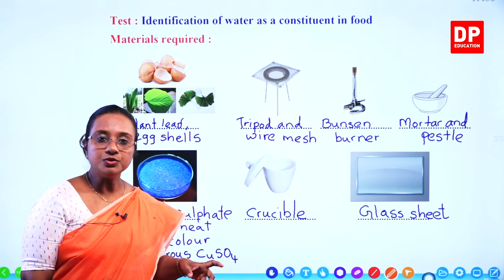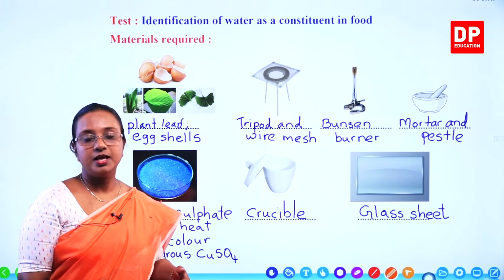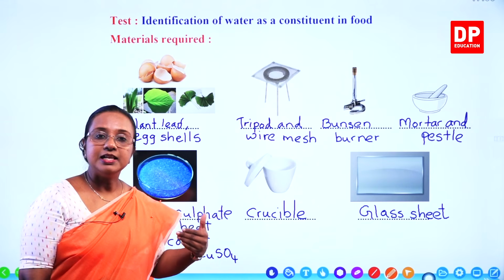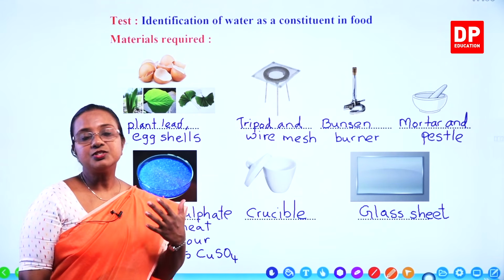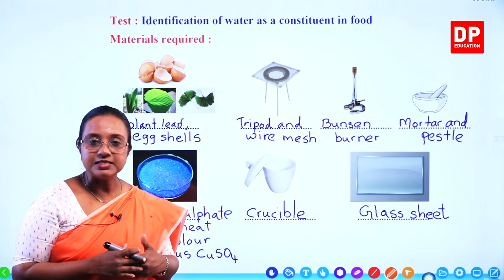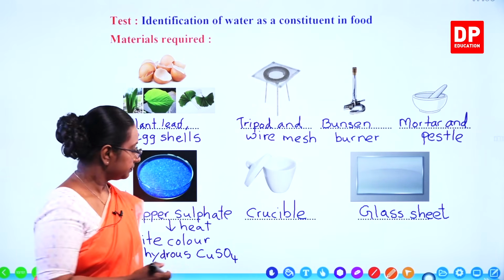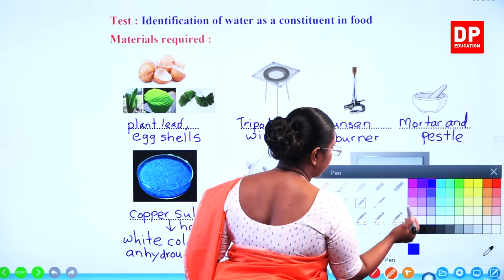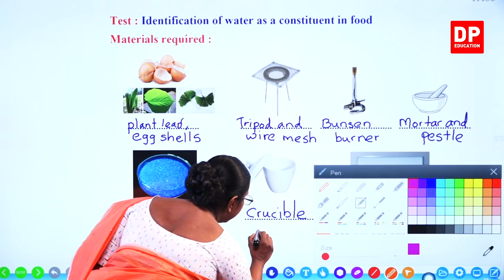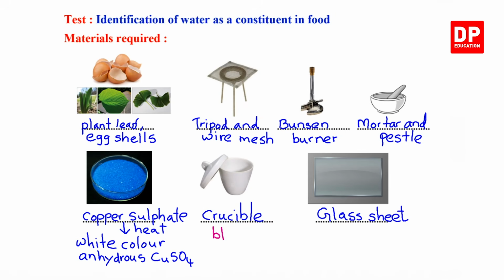So we can also use anhydrous cobalt chloride to identify that the liquid vapor that condensed on the glass sheet is water. So I will include that reagent here. We can use the blue color anhydrous cobalt chloride.